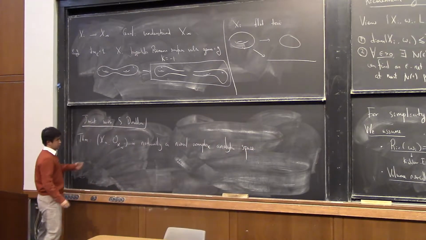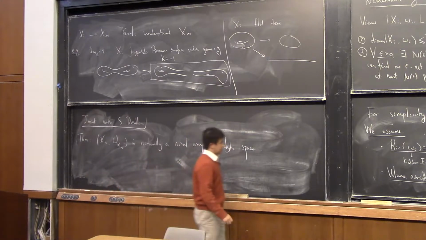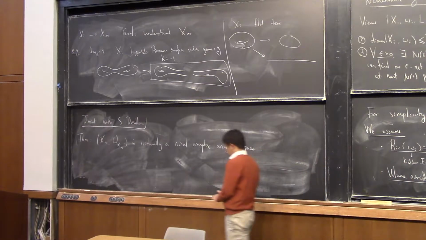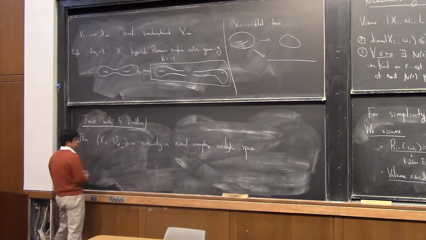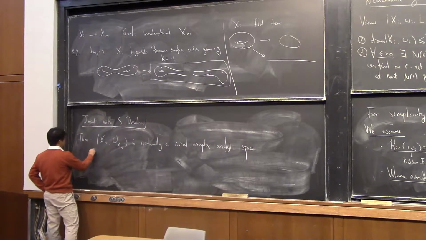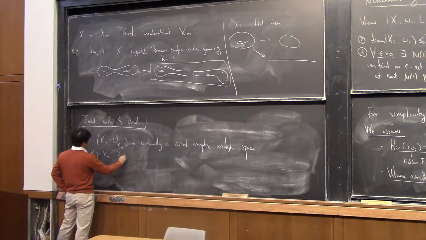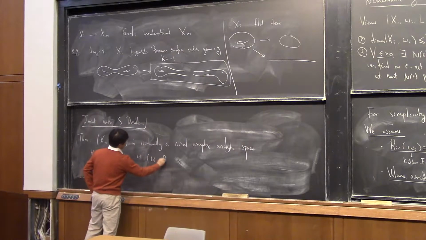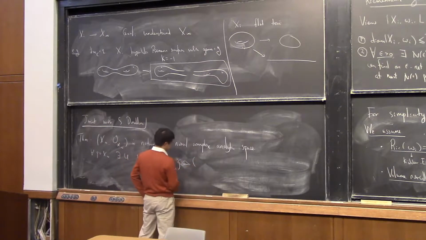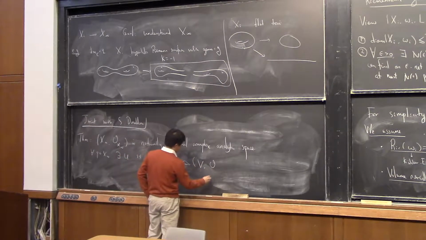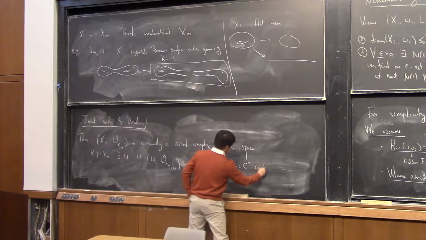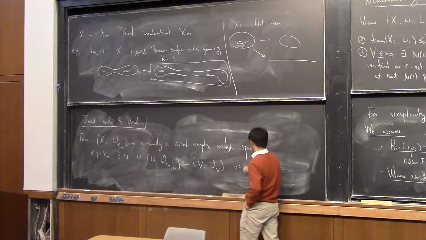This means that each point has a neighborhood so that this sheaf agrees with the sheaf of holomorphic functions on a complex analytic subvariety of Cn. So for any p in X infinity, there is a U, such that the sheaf of X infinity restricted to U is isomorphic to some V, where V in Cn is a complex analytic subvariety.